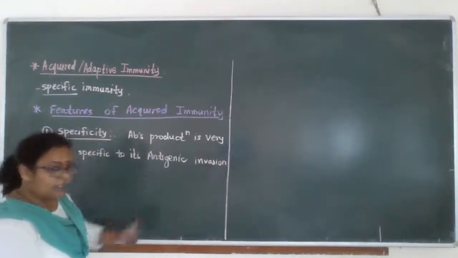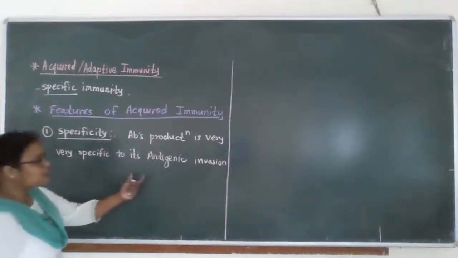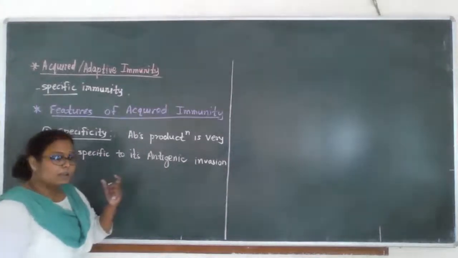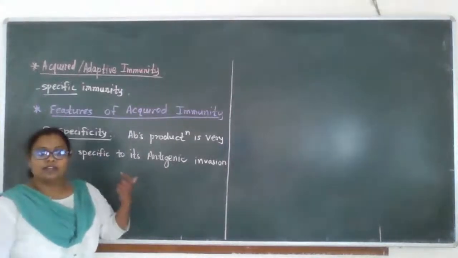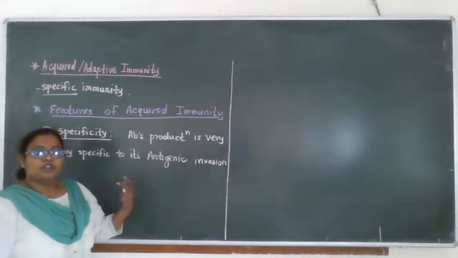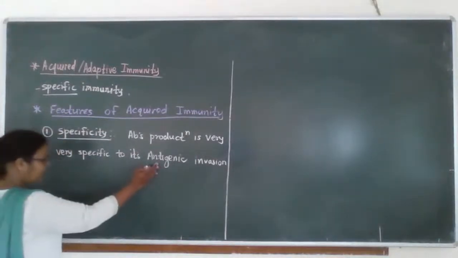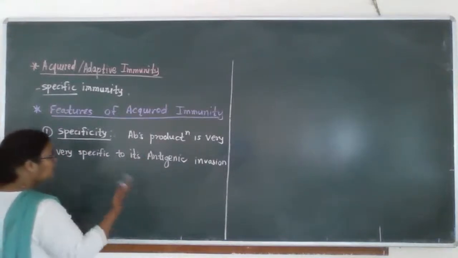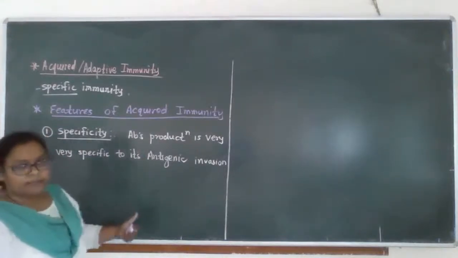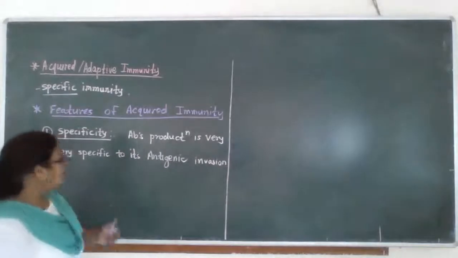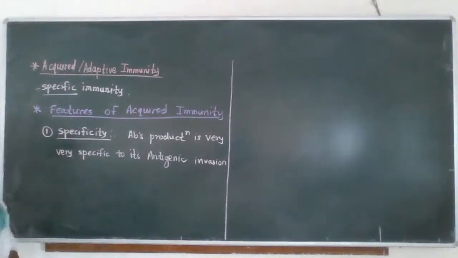That means it depends on which type of antigen invades, whether it is a virus or bacteria. There are so many viruses, so according to which type of antigen invades the body, our body produces the antibodies, right? So it comes under specificity.